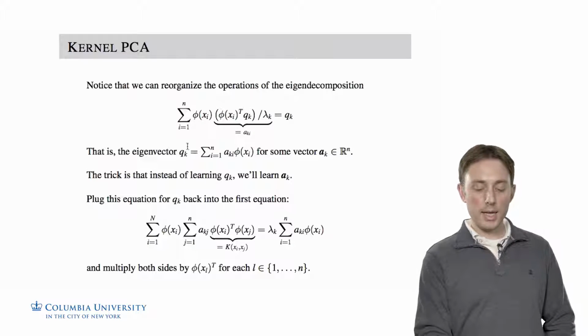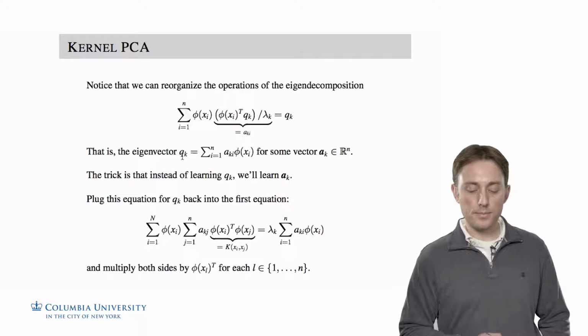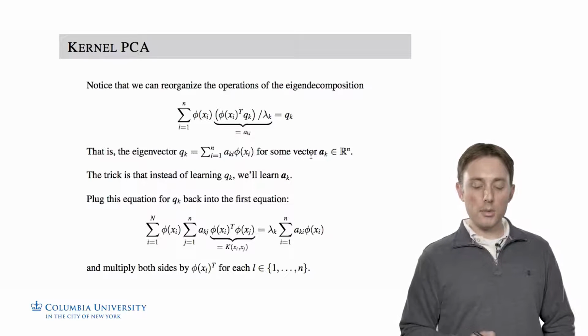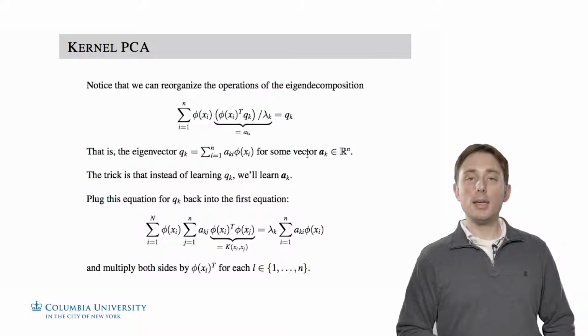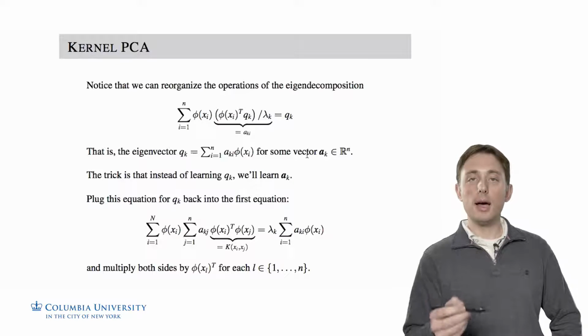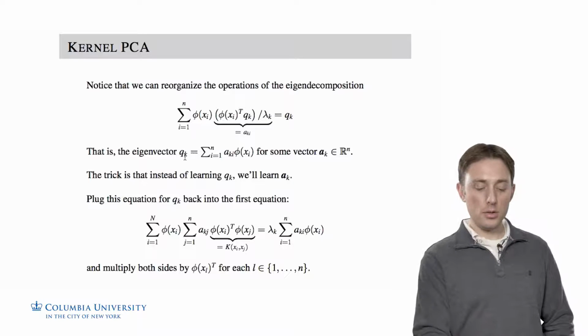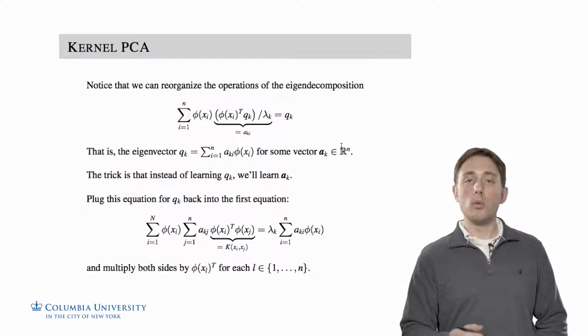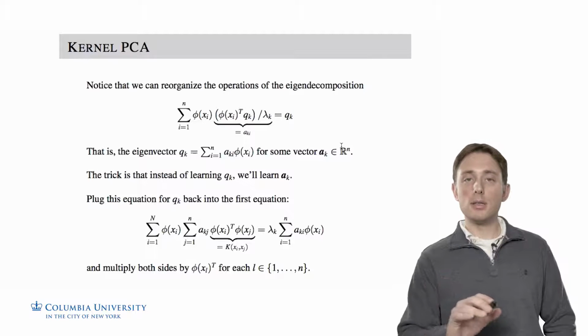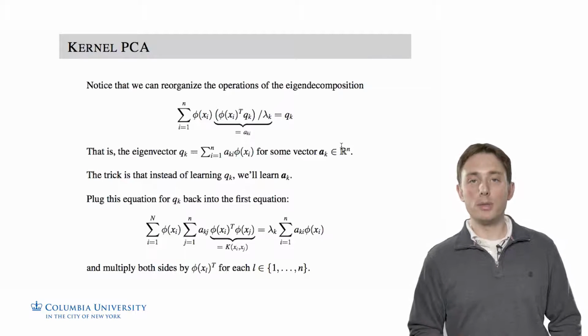So I've just shown that there exist some values a ki such that I can represent it like this. And now I'm going to write ak as a vector in Rn. So ak corresponds to the kth eigenvector qk, and it's an n-dimensional vector where n is the same as the number of data points that I have.